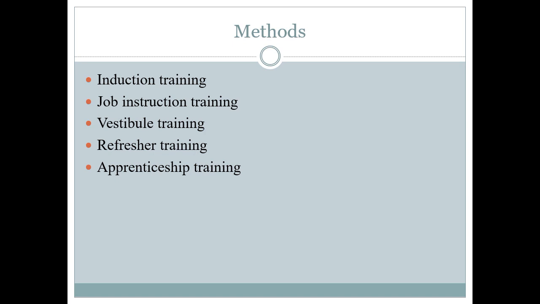So in induction training, what is done? The freshers are made acquainted with the internal environment of your organization, in which they are supposed to understand the procedure, code of conduct, policies, culture of your organization, so that once you provide induction training to this person, that person will not commit mistakes in your organization.